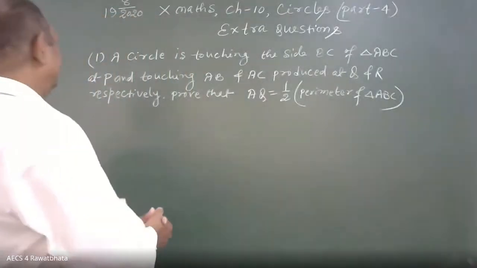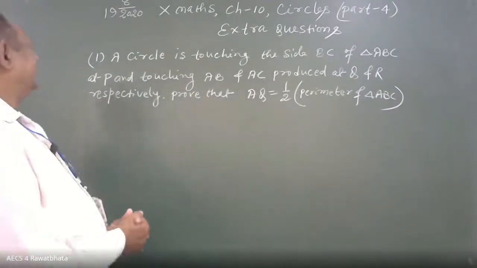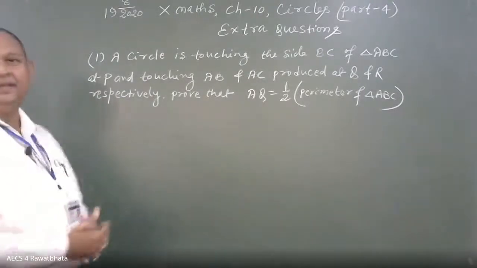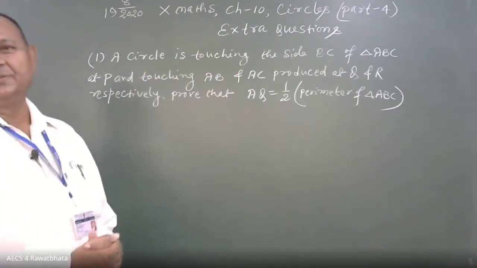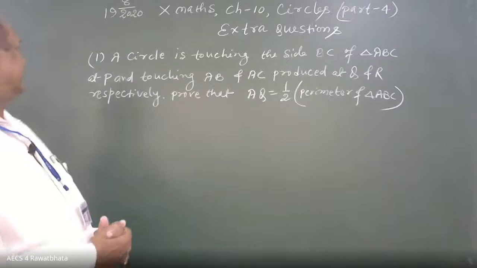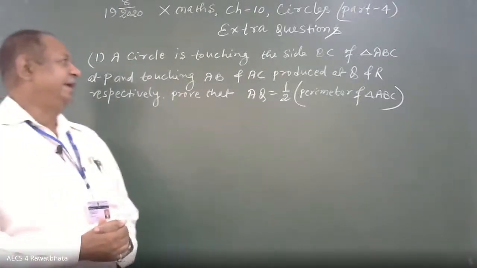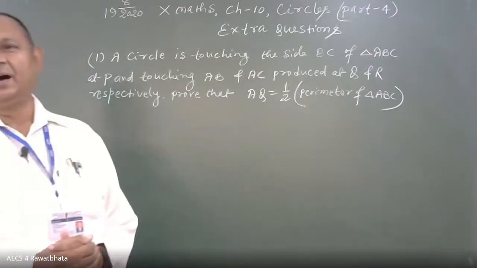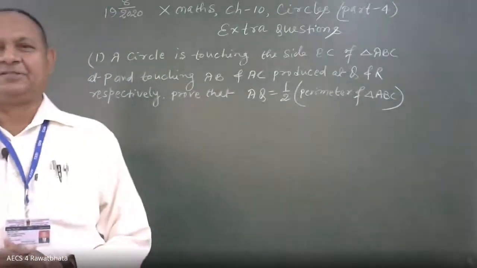A circle is touching the side BC of triangle ABC at P and touching AB and AC produced at Q and R respectively. Prove that AQ is half of the perimeter of triangle ABC.